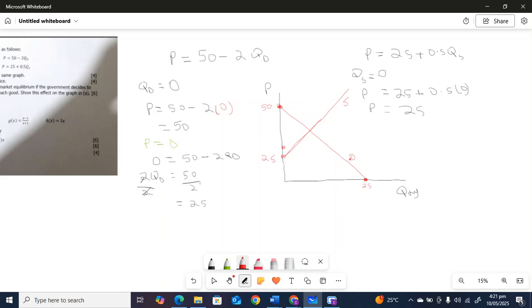Yes, because as you can see for the demand function, when we made quantity demanded 0, we saw where our demand function is cutting the y-axis. When we made price 0, we saw where our demand function is cutting the x-axis. So it will show you where it's terminating basically. Any other questions before we go to the long cut method?